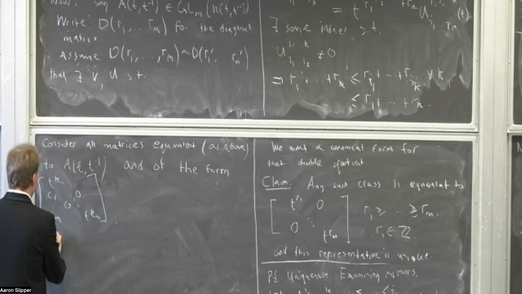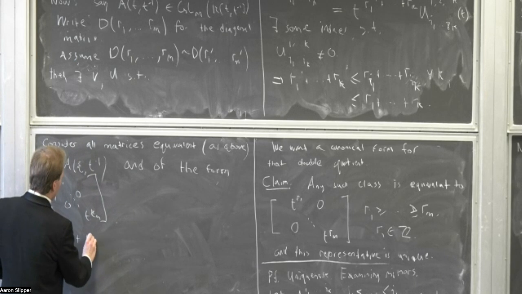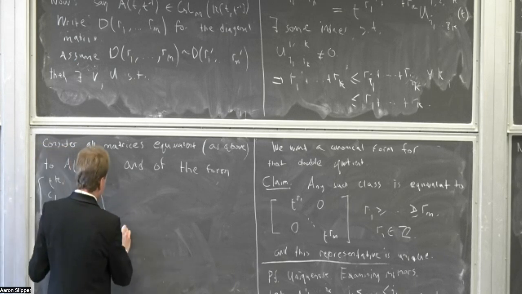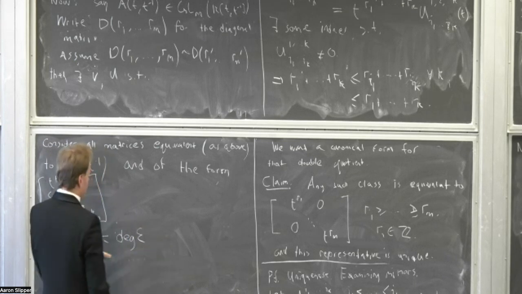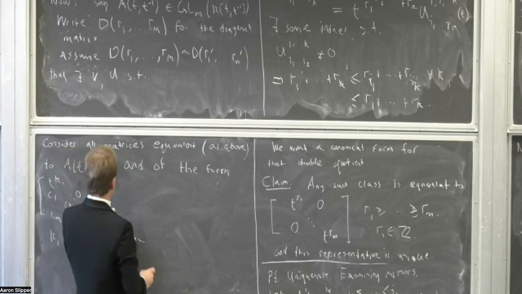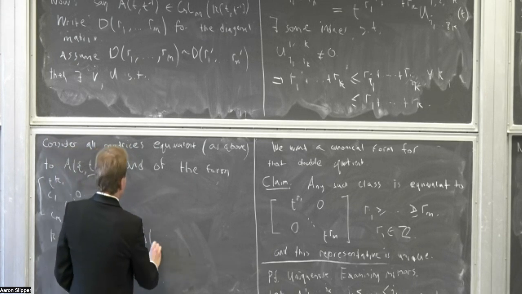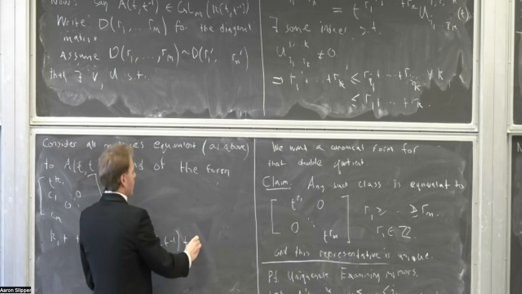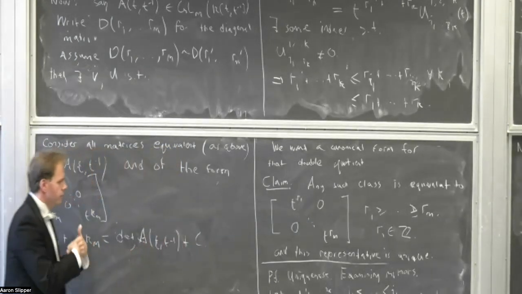First things first, we note that when we made that reduction, the Ki's are all positive numbers, and their sum is the degree of E, our original, the determinant of our original matrix. So let's write this as det A, T plus some constant, whatever that constant we used to shift everything up was.